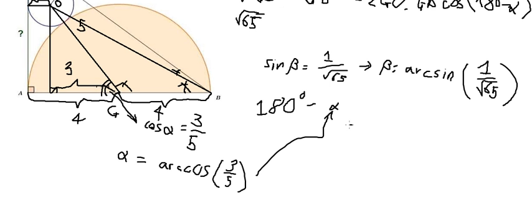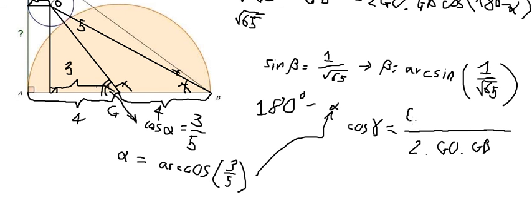So we will apply cosine gamma equals to, we need to divide by 2 multiplied by GP on the numerator. We got OP square.